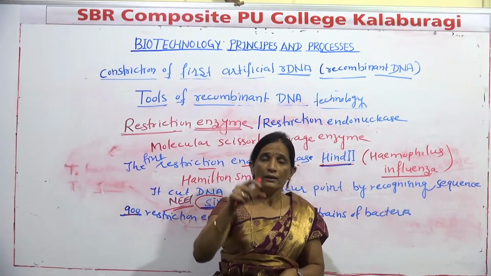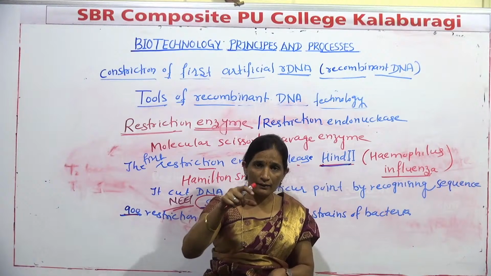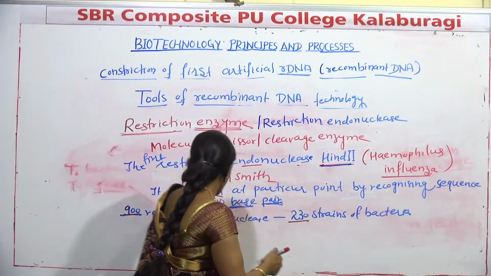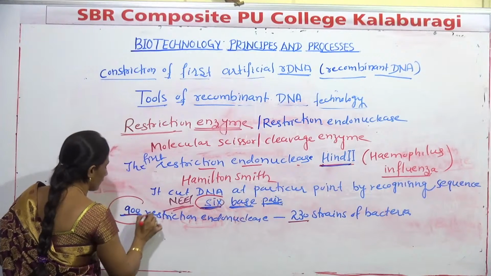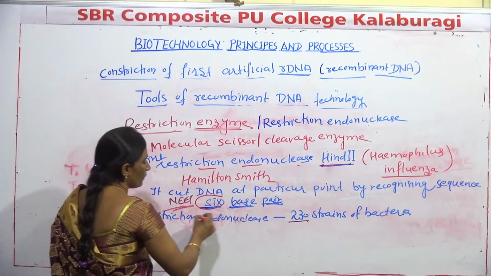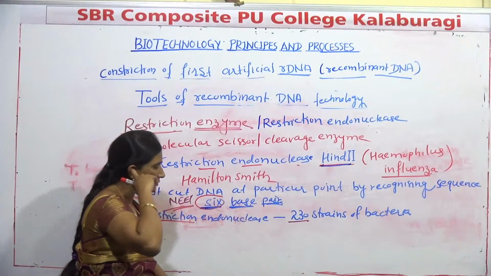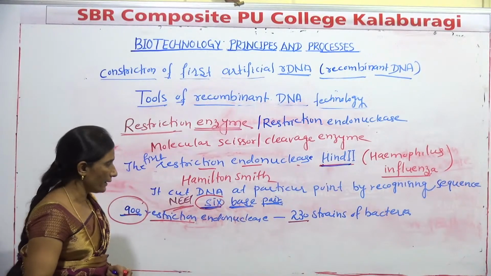It means that each enzyme cuts at a specific region. So how many restriction enzymes are there? 900. These are obtained from 230 different strains of bacteria.